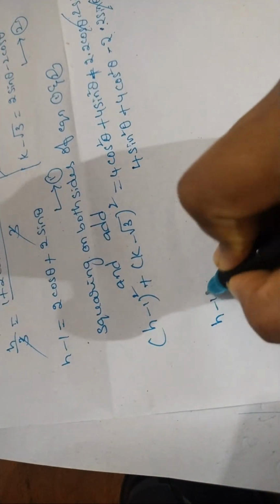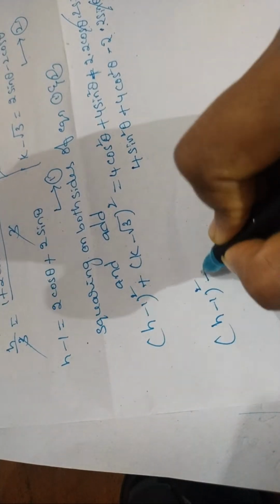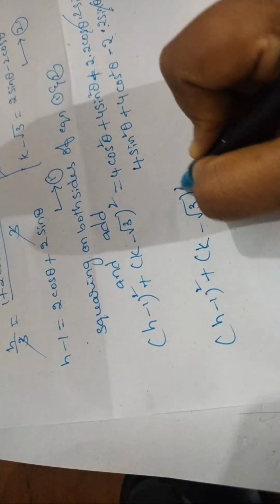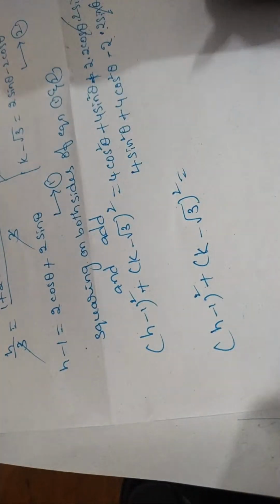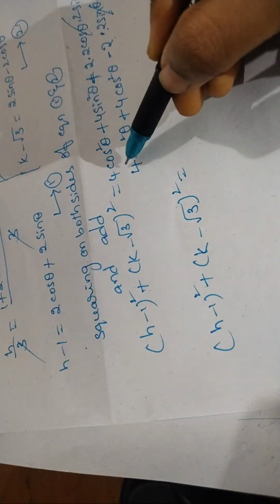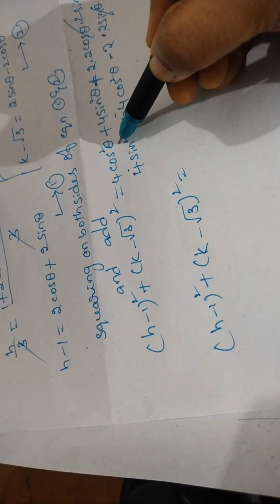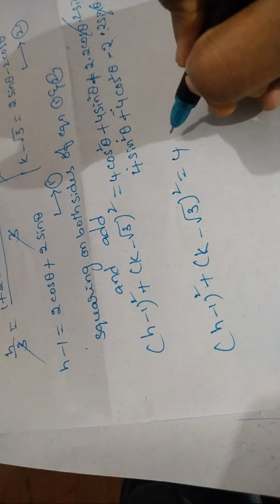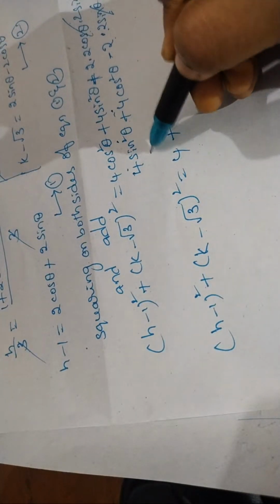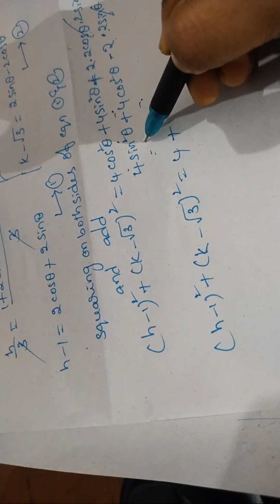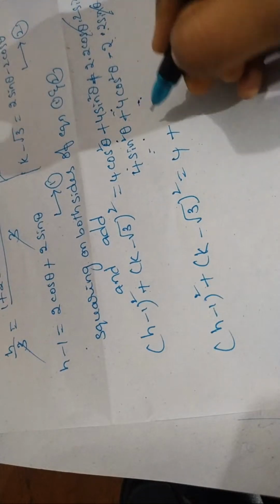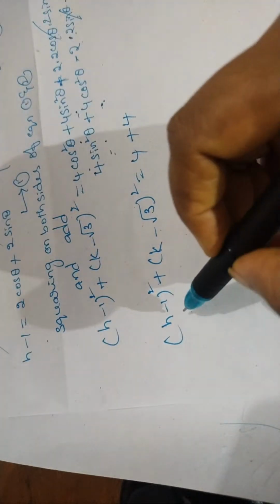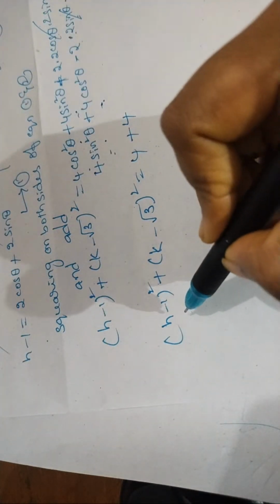(h minus 1) whole square plus (k minus root 3) whole square equals, if we observe here, take 4 common: cos square theta plus sin square theta is 1, so 4, plus, taking 4 common, sin square theta plus cos square theta is 1. So 4 into 1 plus 4 is 8. Now just replace according to the options.